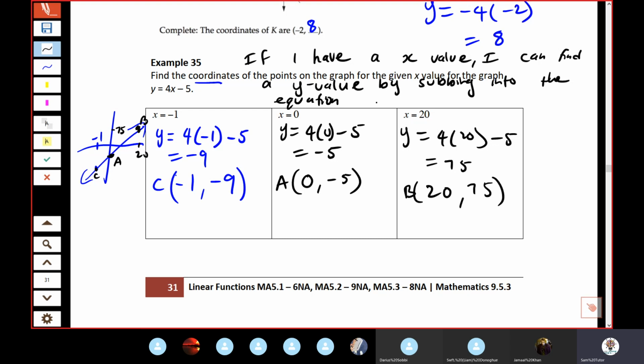And of course, vice versa. If I had a y value, I can find an x value by subbing it into the equation.